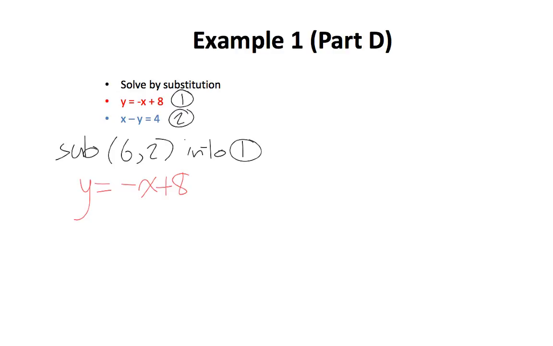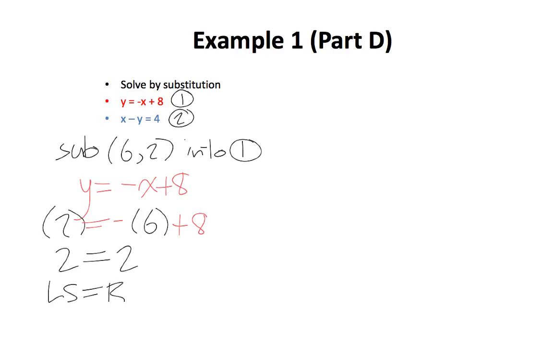I'm going to replace the y with a 2, and I'm going to replace the x with a 6. Simplify both sides of the equation. The 2 stays the same, and negative 6 plus 8 is equal to 2. So left side is equal to right side. Therefore, this point lies on line number 1, the red line.